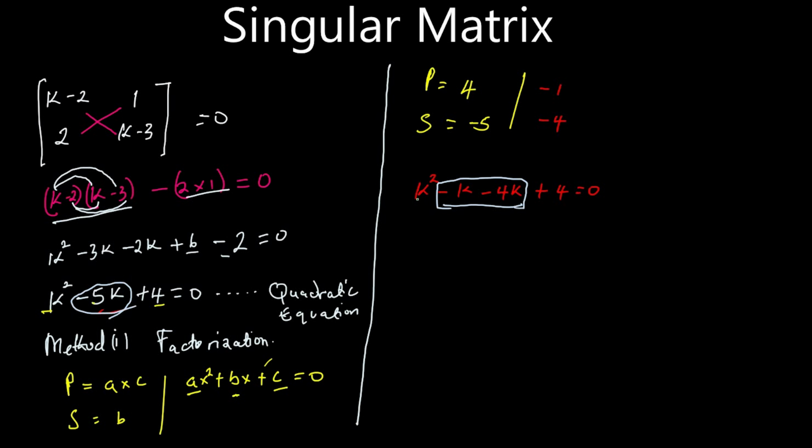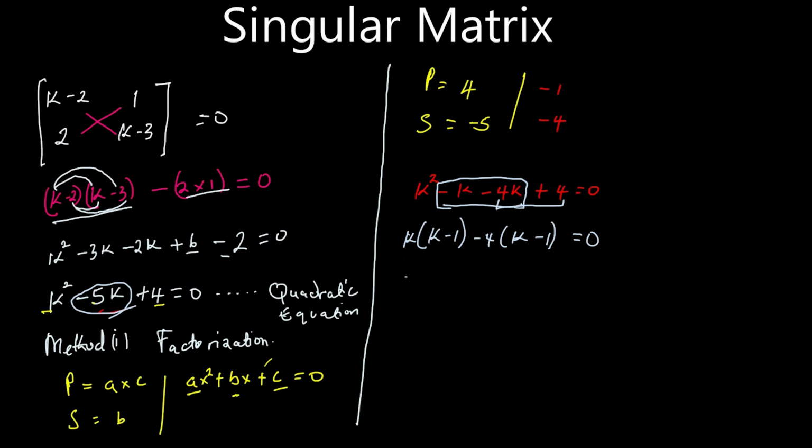So we can proceed here and factor out k. So we have k into k minus 1. For these other two, we factor out minus 4 so that we have the brackets k minus 1 is equal to 0.